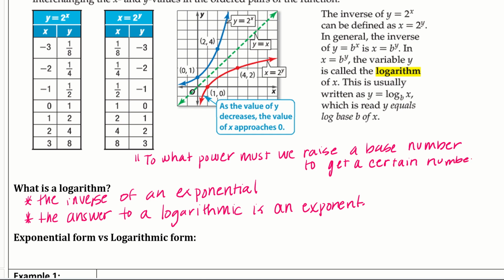So we're looking for that power or that exponent. I wanted to put that in there because that's an easy way to explain it. Then we'll keep going with this and hopefully it'll make more sense.